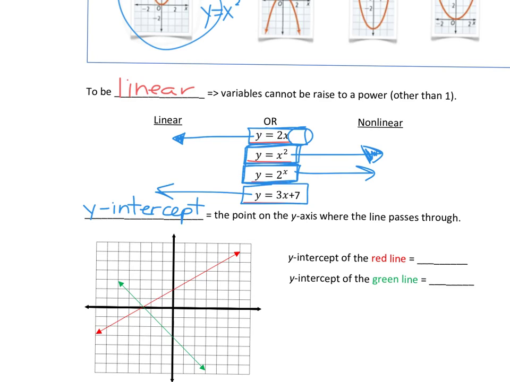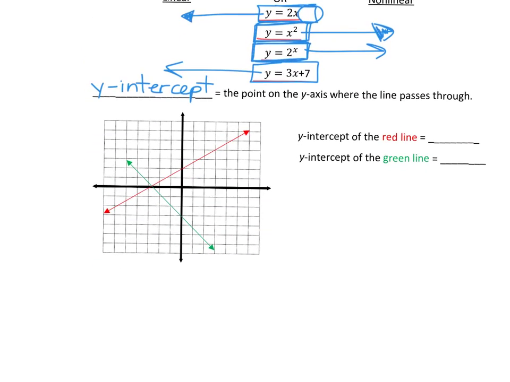So where a line hits the y-axis is called a y-intercept. So if you look at these two graphs, my red graph here, this line has a y-intercept right here. It's where it hits the y-axis. What number would that be? 2. Your y-intercept is at 2.